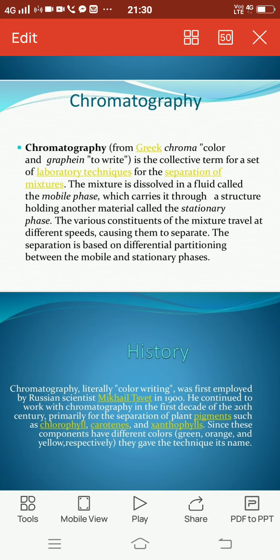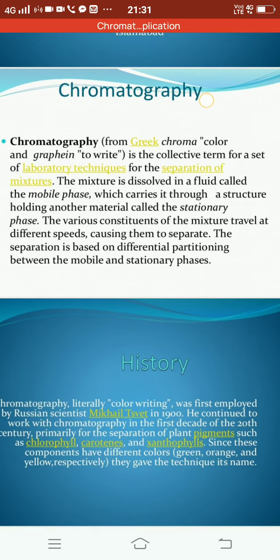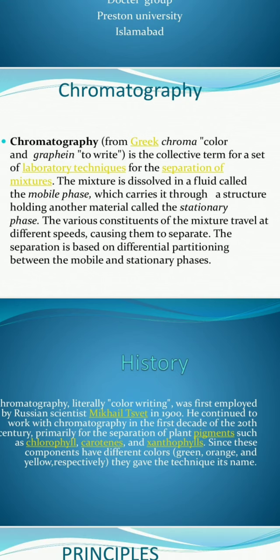The stationary phase is a porous solid matrix over which the sample contained in a mobile phase travels. The mobile phase is a solvent used for the separation of substances, and it moves over the stationary phase. It can be either a liquid or a gas. So these are the basic terms related to chromatography.